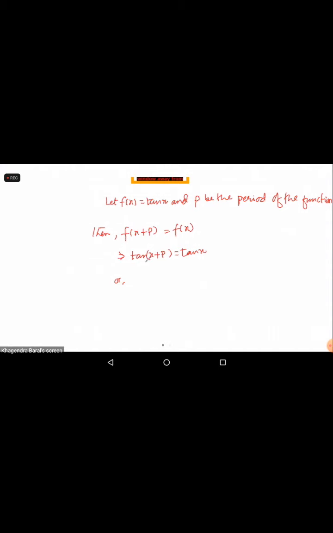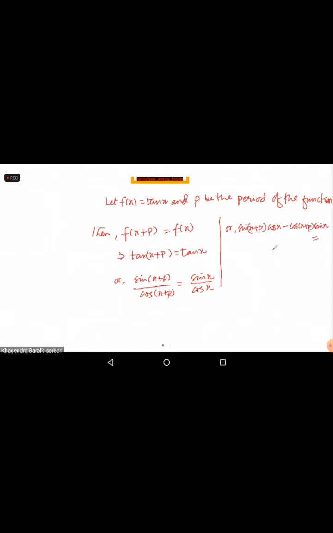अब यसमा tan x को ठाउँमा sin by cos गरिदियो भने simplification सजिलो हुन्छ. sin x plus p by cos x plus p is equal to sin x by cos x. On cross multiplication you will get sin x plus p cos x minus cos x plus p sin x is equal to 0.